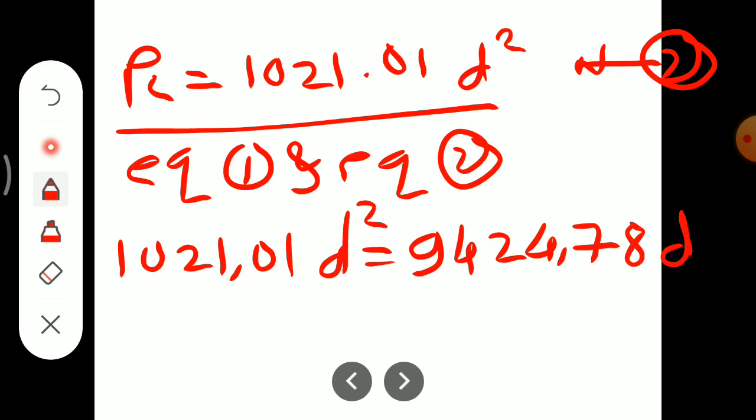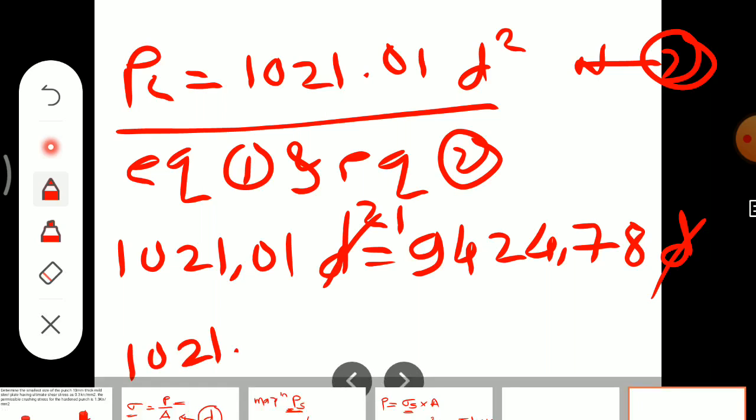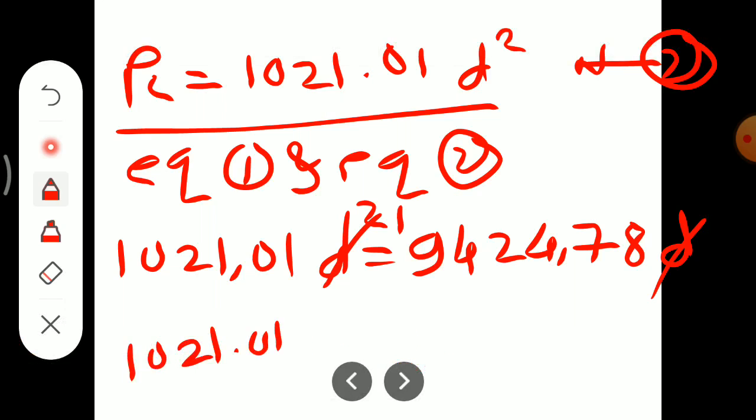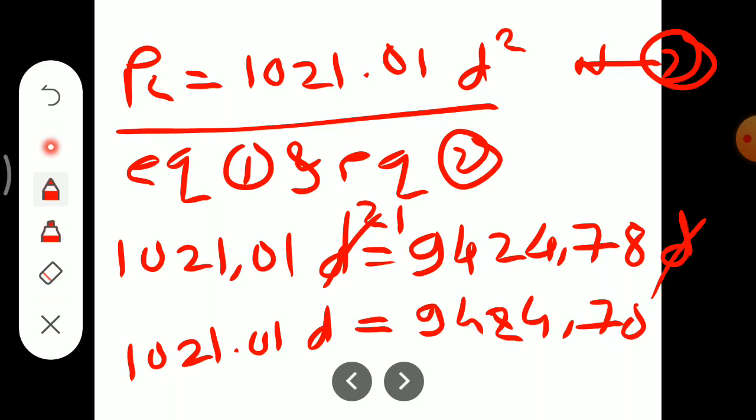Here we have only d. Now this d and this d cancel, only remaining one quantity, so we have 1021.01 times d is equal to 9424.78. Now we have only one unknown quantity.